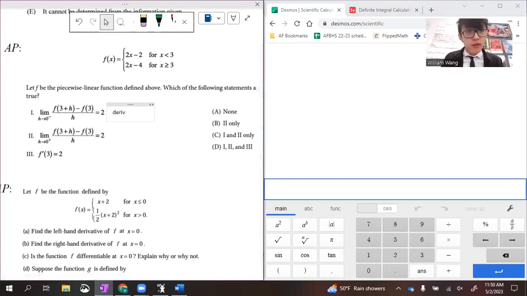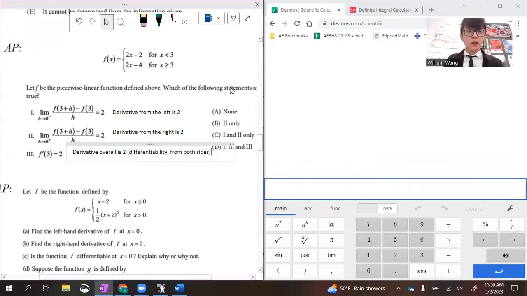Okay, that means the derivative from the left is 2. That's what this statement is saying. All right, this statement is saying the derivative from the right is 2. And this is saying the derivative overall is 2. So that's differentiability from both sides.